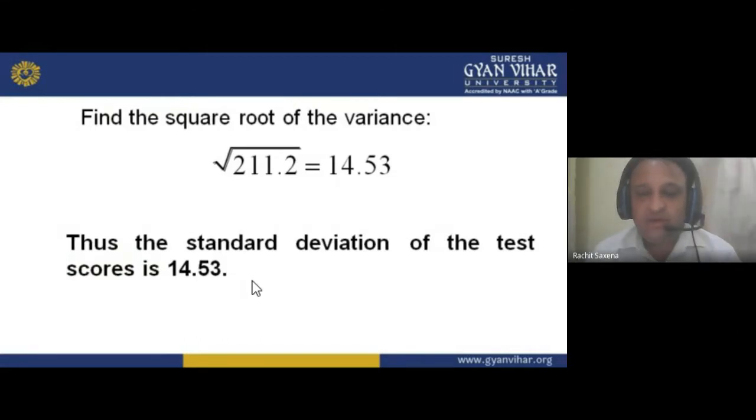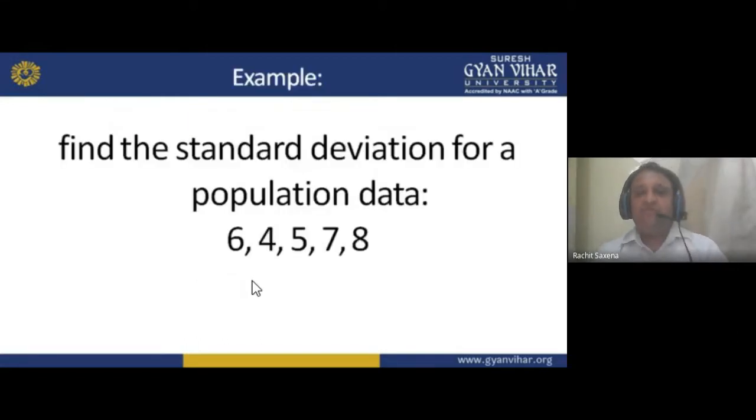Okay. Now let's move forward. Now find the standard deviation for population data. That is 6, 4, 5, 7, 8. So how many quantities do you have? 5 data values available with you, the population: first is 6, another one is 4, then 5, then 7, then 8.